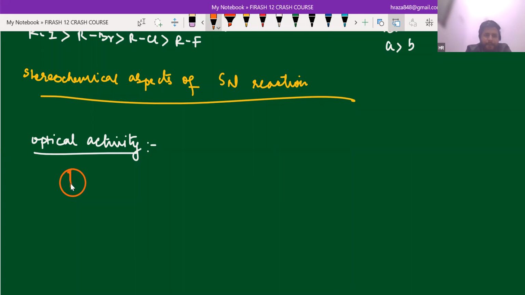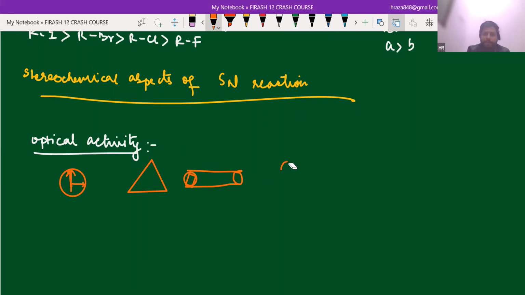It is like this, a straight line. And if it is passed through a Nicol prism, and there is a certain solution of a compound, if you want to check whether the compound is optically active or not.